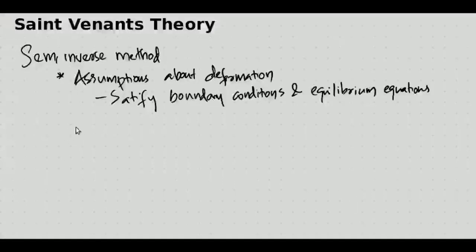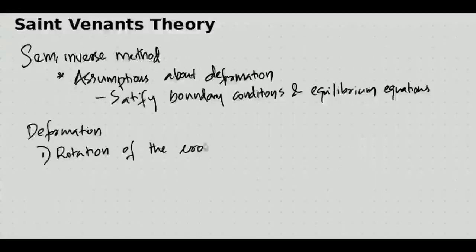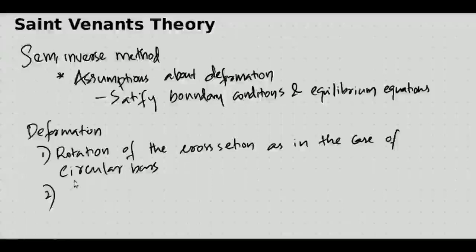Here he assumed that the deformation of the twisted bar is of two types. The first one is the rotation of the cross section as in the case of circular bars. And the second is the warping, which is the distortion or displacement in the direction of the longitudinal axis.